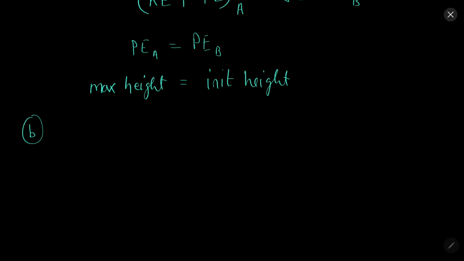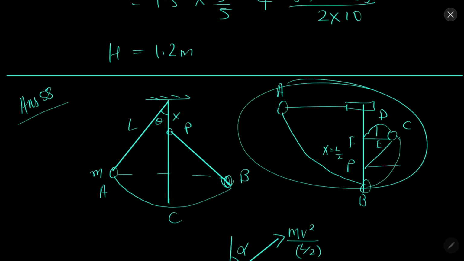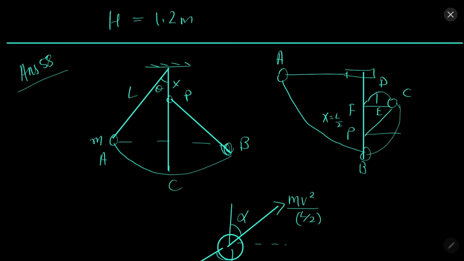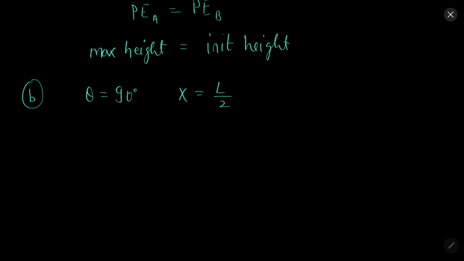B part. When the pendulum is released from theta equal to 90 degrees and x equal to L by 2 as shown in this figure here, we will have this scenario. So at point C, the string will become slack.